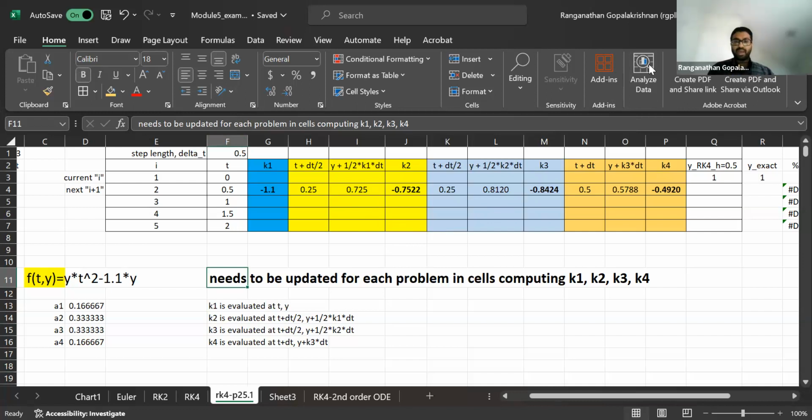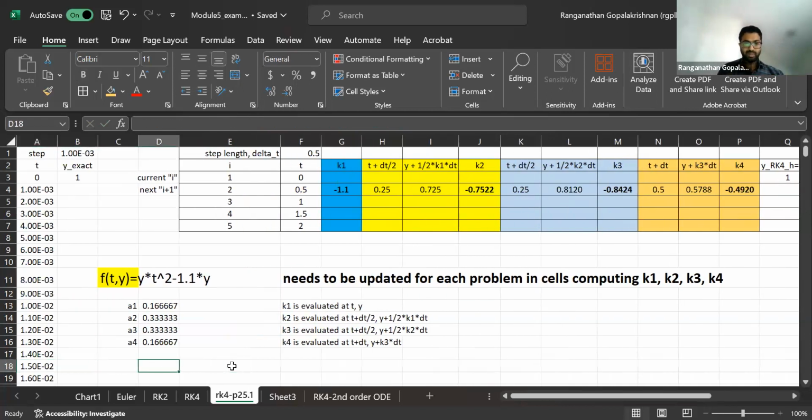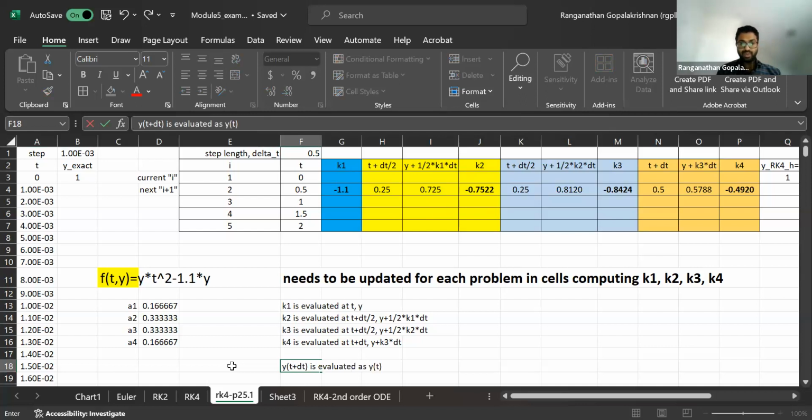Okay, so I'm now going back to my Excel sheet. Now what I need to do is compute the formula. Okay. So y at t plus delta t is evaluated as y of t plus summation, or instead of summation, I'll just write a1 k1 plus a2 k2 plus a3 k3 plus a4 k4.